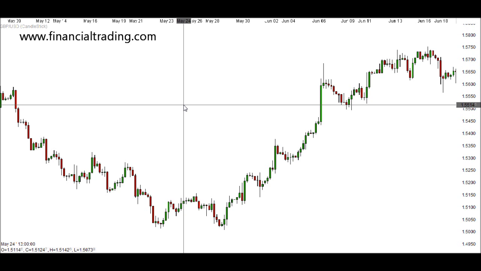We've looked at Japanese candlesticks, more specifically engulfing candles and pin bars, and how these types of candles can help us to trade uptrends, downtrends, and ranging markets. I think this is a good time now to talk about moving averages and how they can help us to trade with the trend. Just like engulfing candles and pin bars, moving averages can help us to identify a trend and help us join a trend.